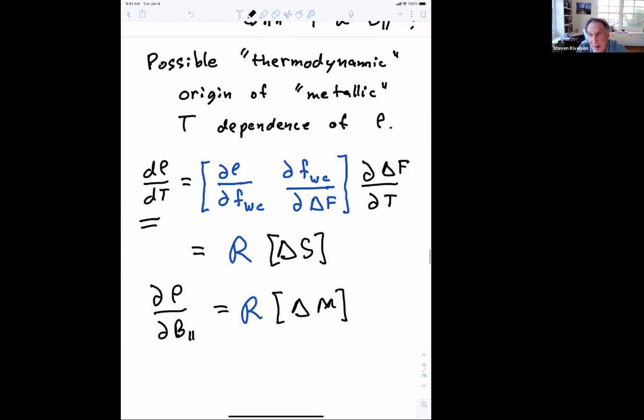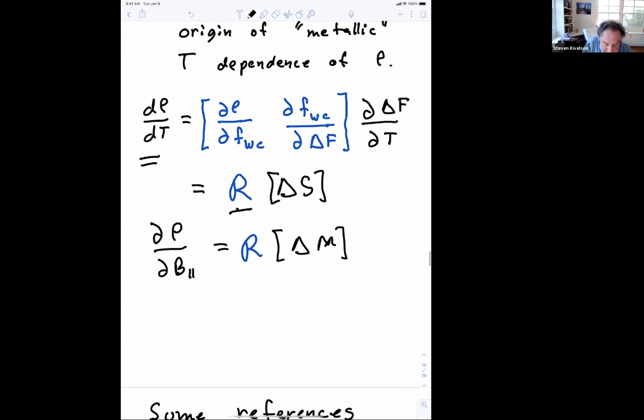It's times the derivative of the fraction of Wigner crystal with respect to the change in the free energy, and then the derivative of the change in free energy with respect to temperature. So it gives me some things that depend on all sorts of complicated microscopic details and transport times the difference in the entropy between these two phases.